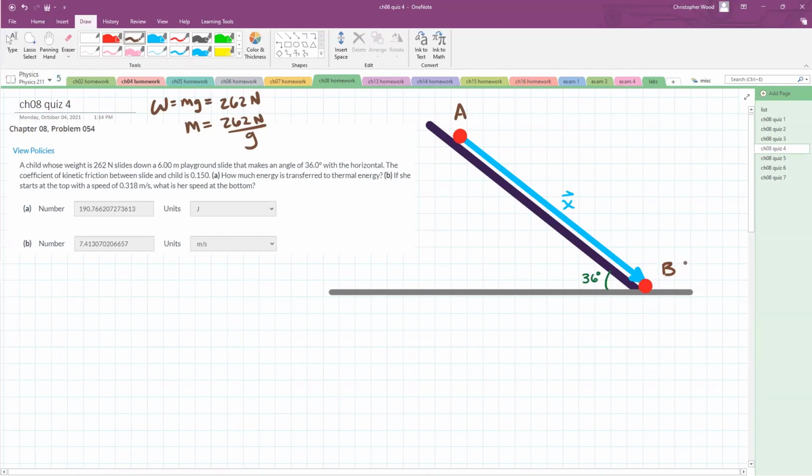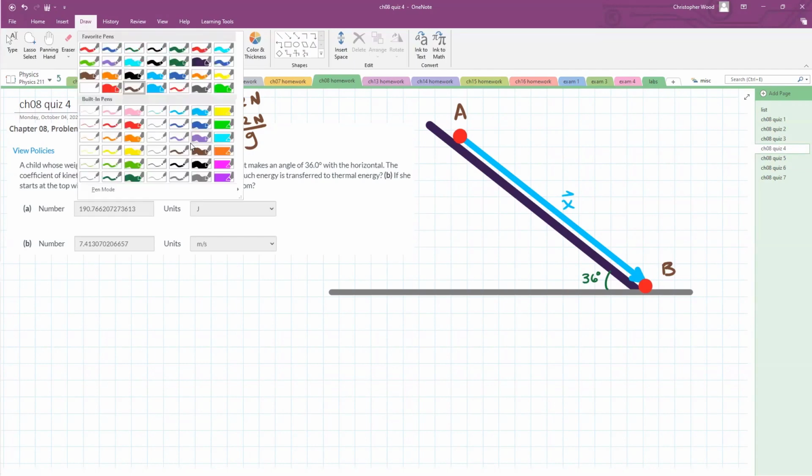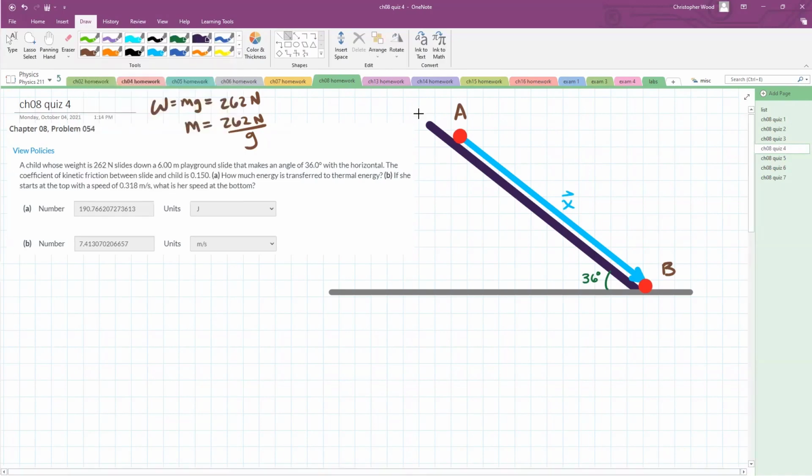So it's another question of how much energy do I lose to heat? My displacement is from state A to state B as shown by this blue vector X. But while it's moving in that direction, friction is going in this direction. Here's friction. Friction is going up the slide as the child is going down the slide.